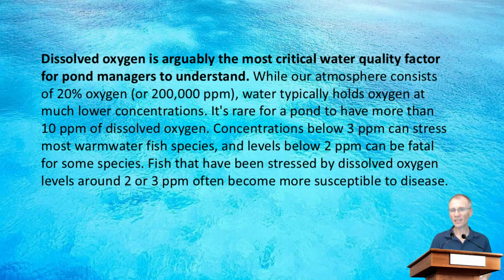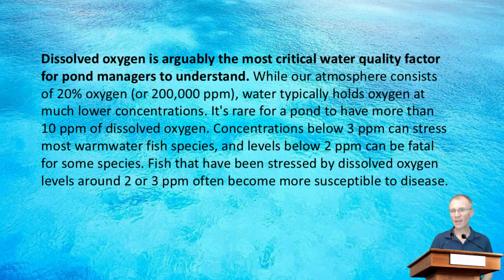Dissolved oxygen is arguably the most critical water quality factor for pond managers to understand. While our atmosphere consists of 20% oxygen, or 200,000 ppm, water typically holds oxygen at much lower concentrations. It's rare for a pond to have more than 10 ppm of dissolved oxygen.